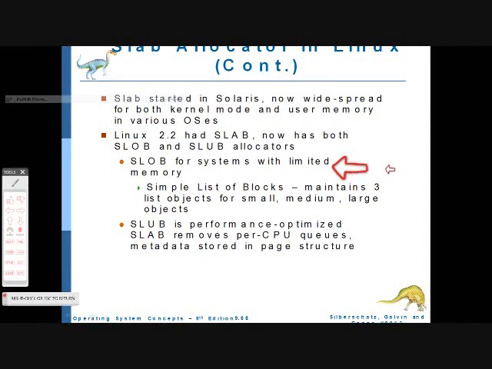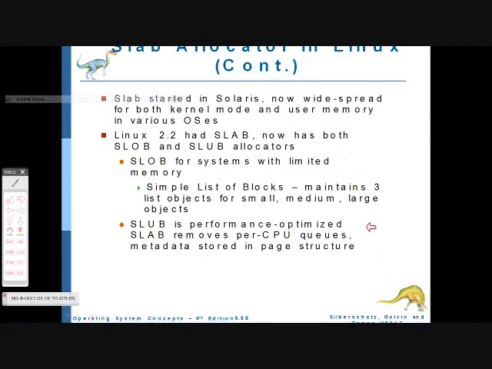Slab, by the way, is short for simple list of blocks. SLOB maintains three list objects for small, medium, and large objects. So this means that SLOB is different from the slab allocator because SLOB can actually provide less fragmentation compared with the slab allocator. But there is a new one.